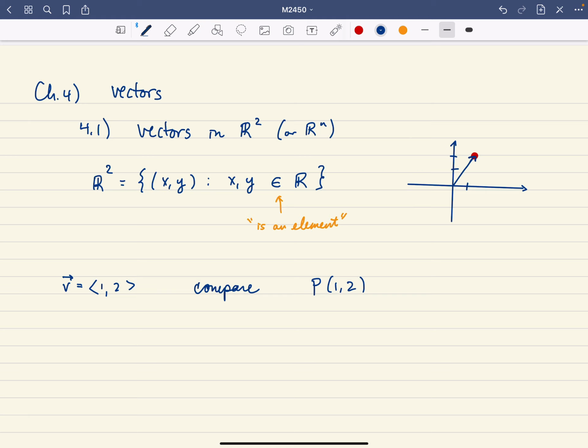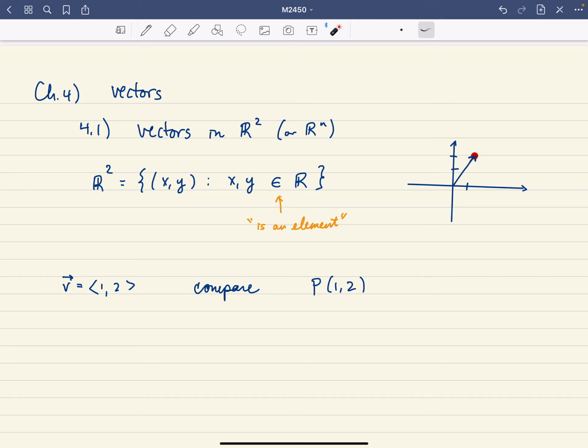The correspondence is that if you start the vector at the origin, what the vector is doing is taking the origin and moving it to this point. So these objects are related, but they are distinctly different in what they are. And I want to get to studying this set of vectors. Again, a vector is a quantity with a magnitude and a direction.